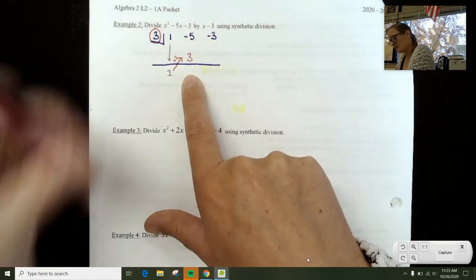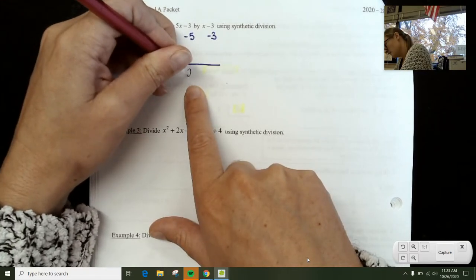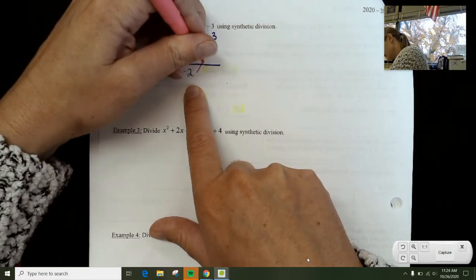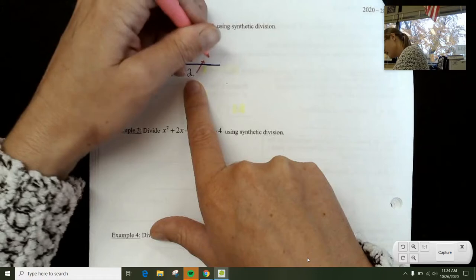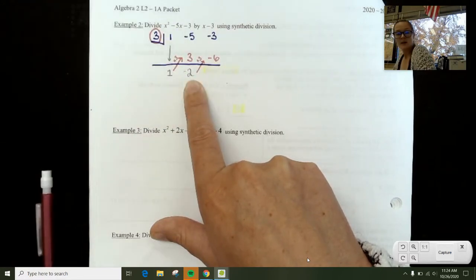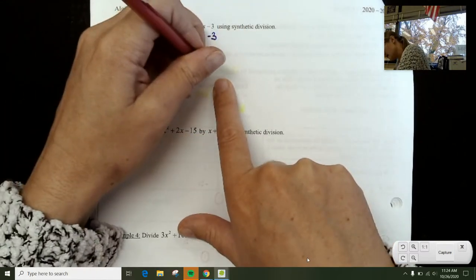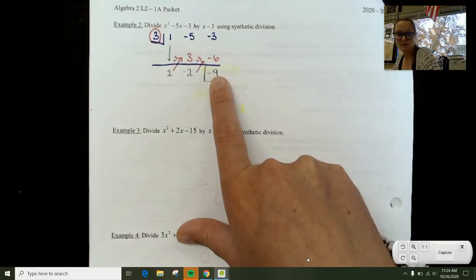Now I add down. -5 plus 3 is -2. Now to go diagonally across, -2 times 3 is -6. And then I add down, -3 plus -6 is -9. Last number, that's my remainder.